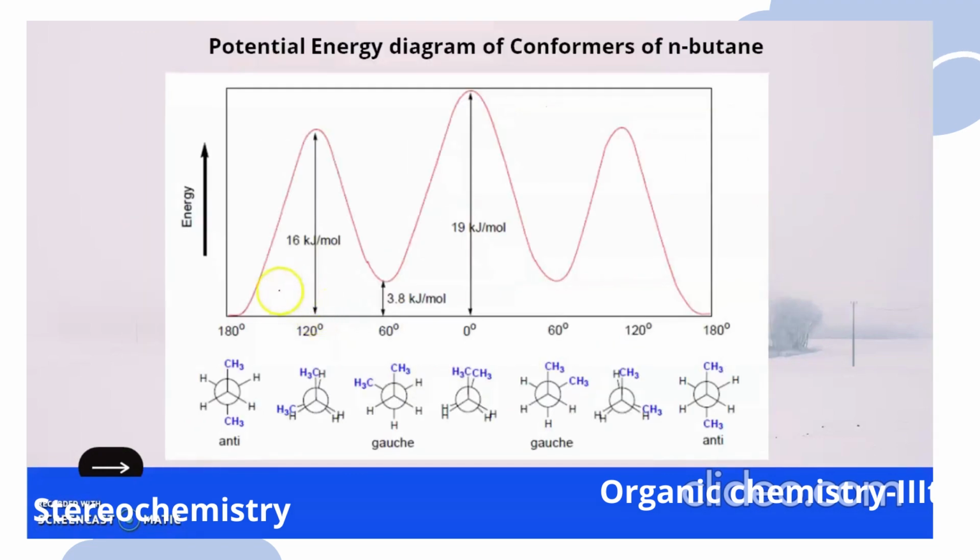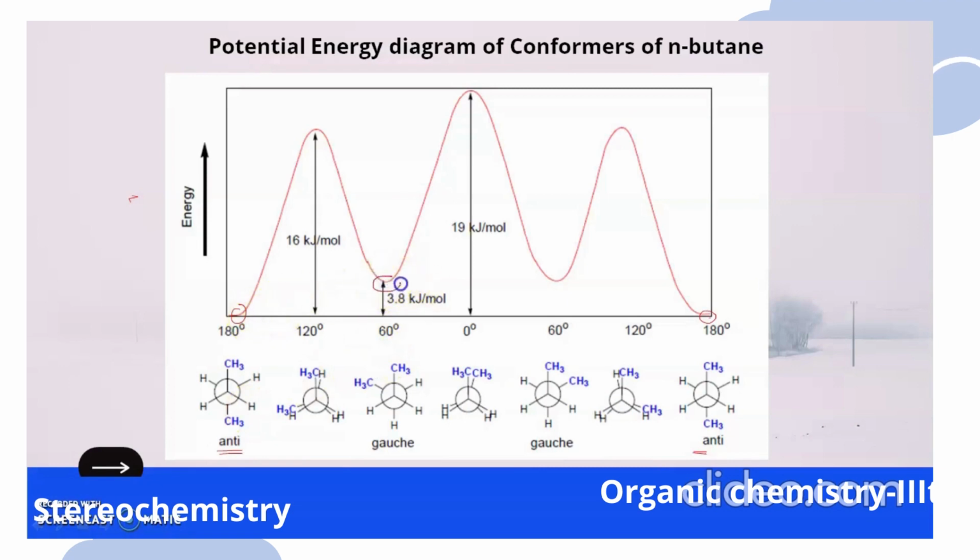And coming to the potential energy diagram of the conformers of butane, as you all know, any system is stable if it contains the least possible energy. It is observed in the graph that here and here the system has the lowest possible energy, which is given by the anti-conformers of your butane. So among all, the most stable structures are your anti-conformers, right? And after that, what is the next lowest energy?